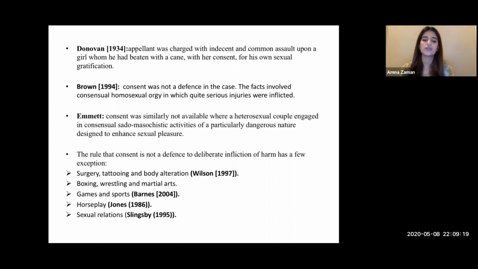For instance, in the authority of Slingsby 1995, the defendant and the victim were having consensual intercourse, and the defendant ended up infecting the victim. On the facts of this case, the victim ultimately died, but the defendant was still not convicted because what he did was not intentional to begin with. The purpose of the activity was not to inflict violence.